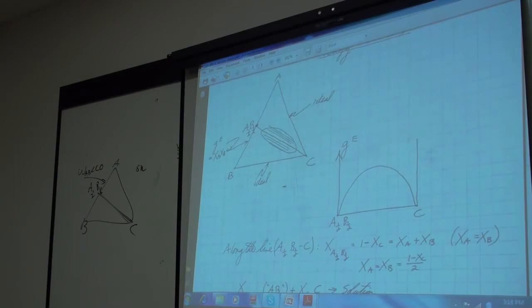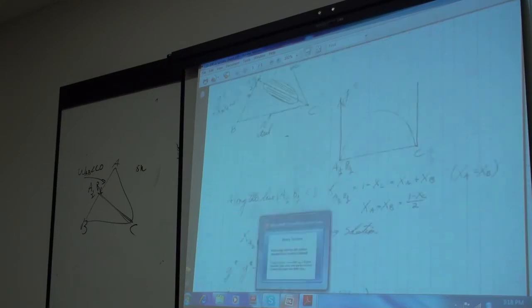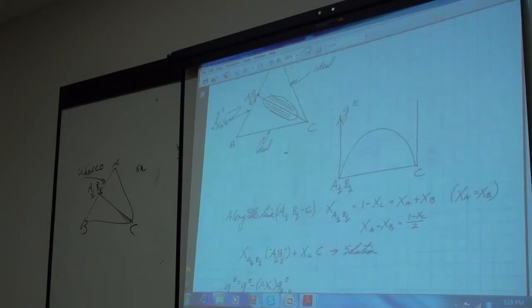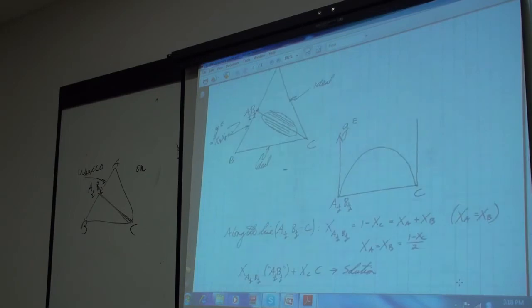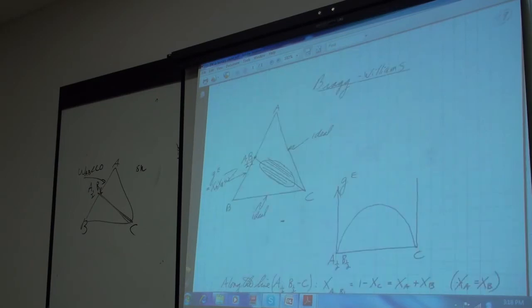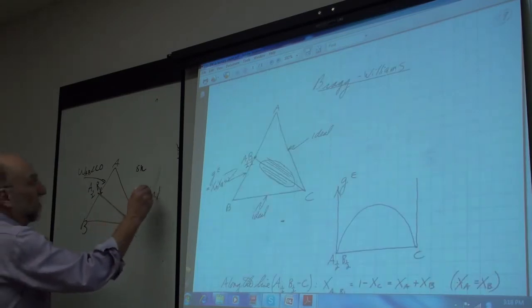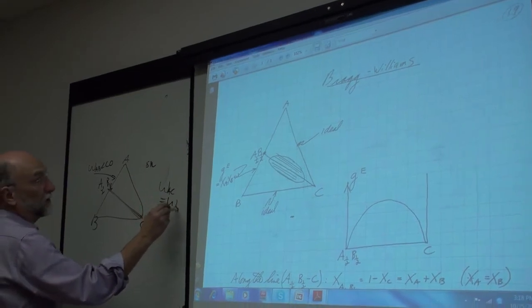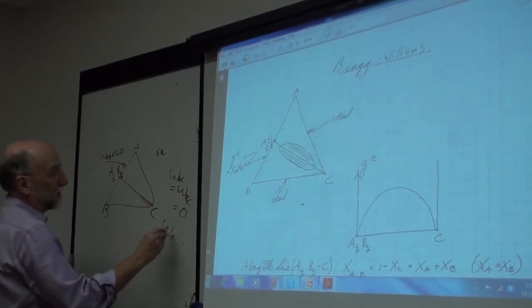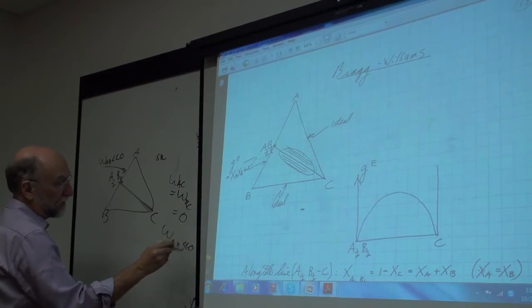Let's look at the line going from A1/2, B1/2 to C. I do it this way so you have 1 mole total. And along this binary line, this is Bragg-Williams, so I should write here: omega AC equals omega BC equals 0, and omega AB is quite negative.